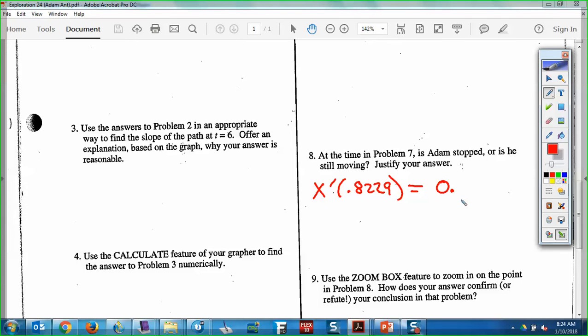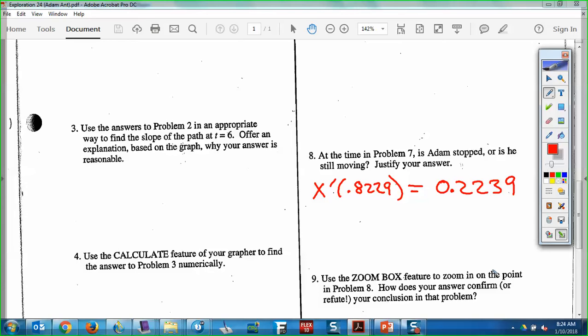I got 0.2239. So at this time, is he stopped or still moving? Justify your answer. Your justification is he's still moving because his x prime is positive, not 0. So he's moving horizontally at that instant, but he's not moving up or down.